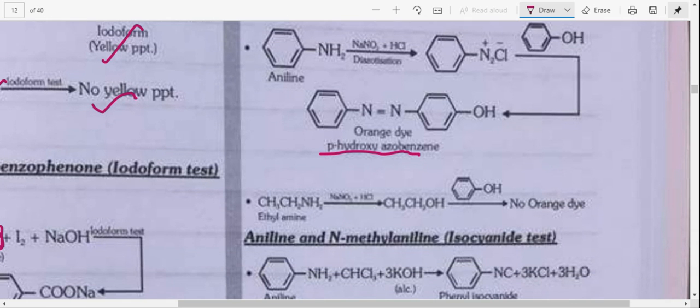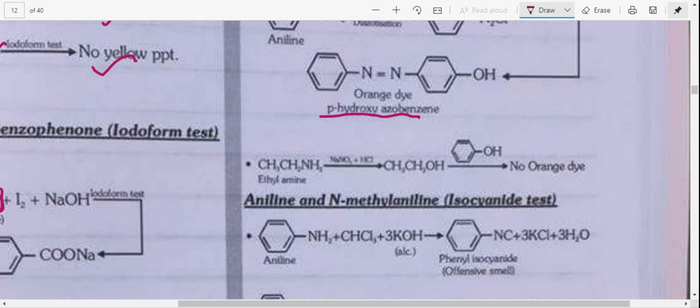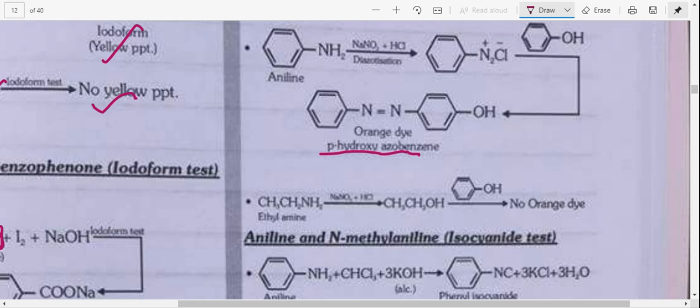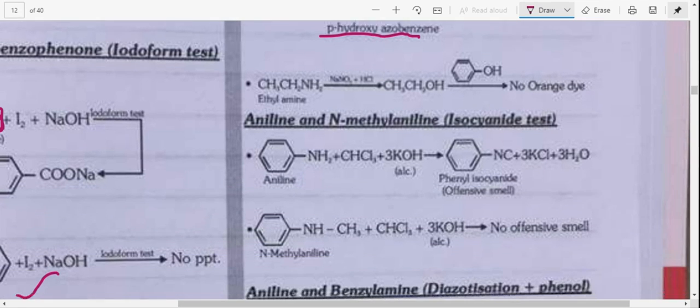For ethylamine, CH3CH2NH2, when reacted with NaNO2 plus HCl, it gives CH3CH2OH. When treated with phenol, it cannot give any orange dye. Only aniline can form the diazonium salt, whereas ethylamine cannot.